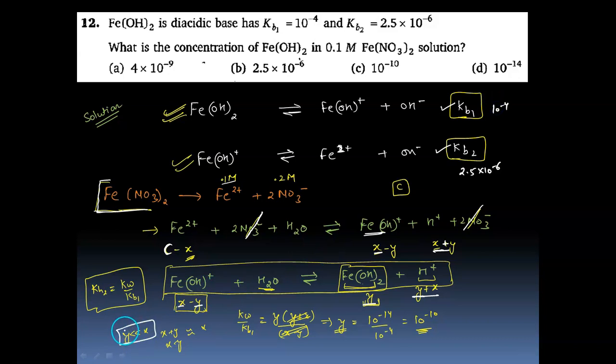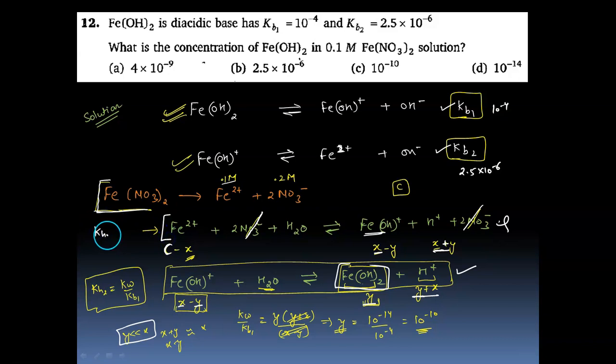So we are supposed to find the concentration of Fe(OH)2. So we have to understand at what stage hydrolysis is giving us this ion. Not at this stage, but we can see it is at this stage that we get the concentration of Fe(OH)2, right? What would have been the hydrolysis constant of the first?